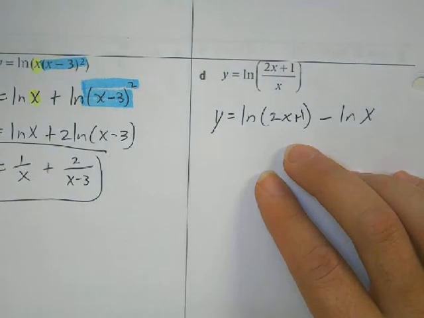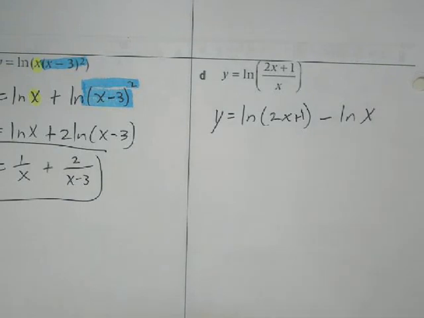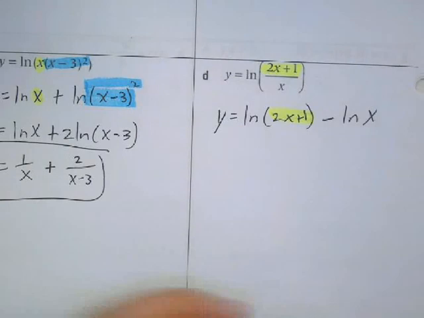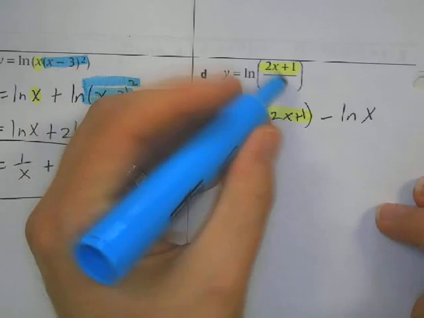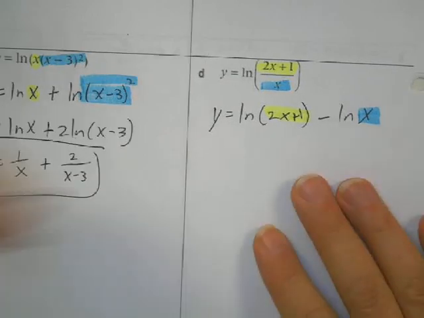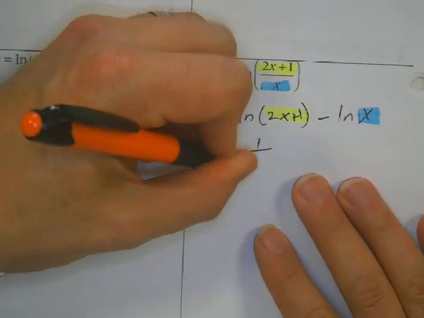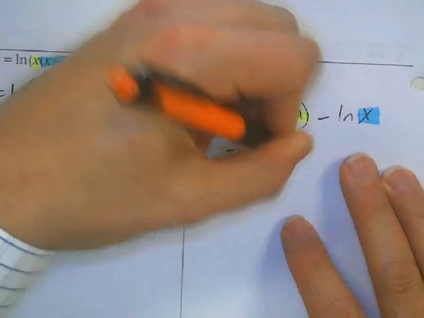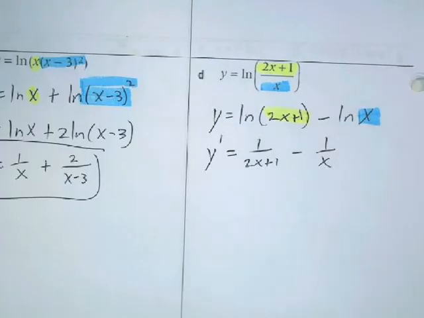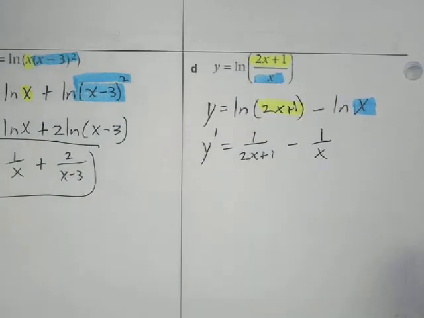Okay, it's this thing, log of that, minus log of what's in the denominator. Okay, and now I can take the derivative of that, and I get 1 over 2x plus 1 minus 1 over x. Okay, I hope that explanation made sense. Let me know if it doesn't.